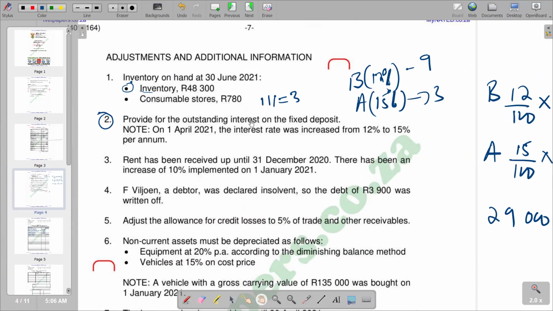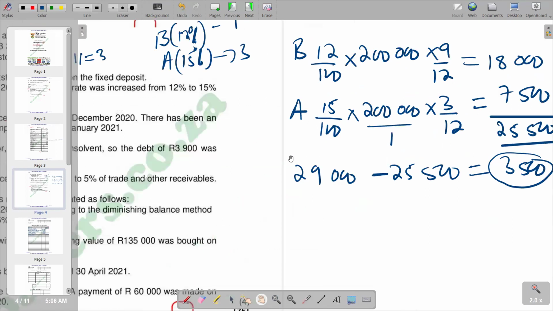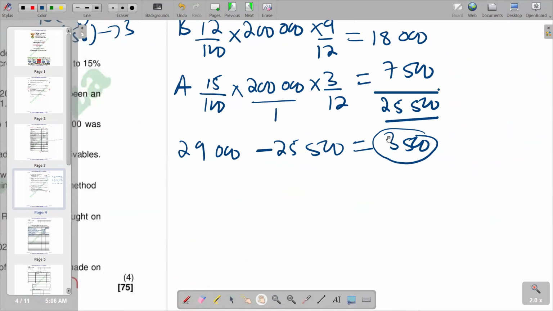This is what is referred to in our note, where they say provide for the outstanding interest on the fixed deposit. So this is the part that we are saying should be provided for. In our answer section, what is supposed to be for the period is 25,500, and what was actually received is more.